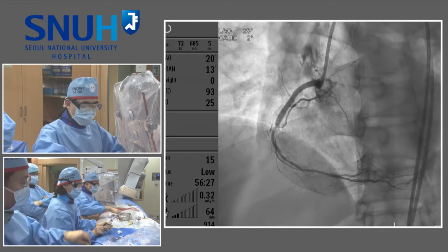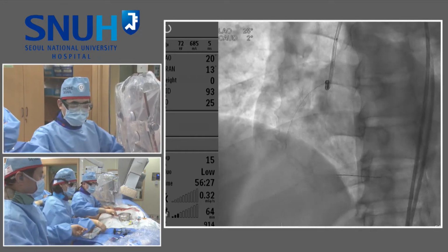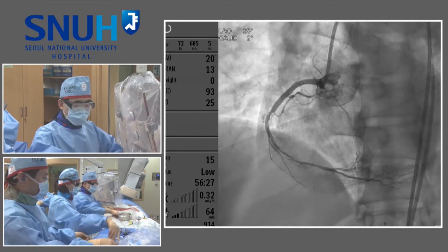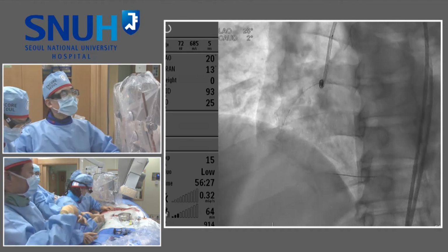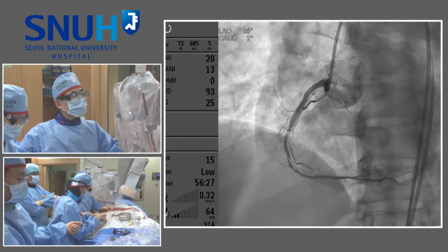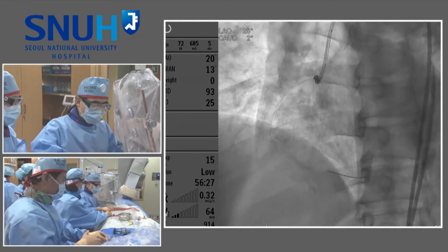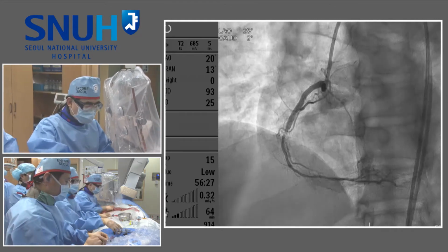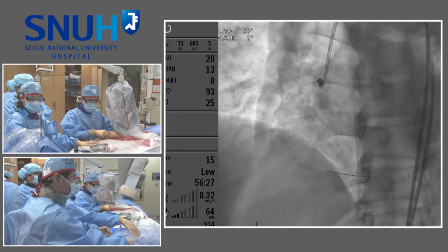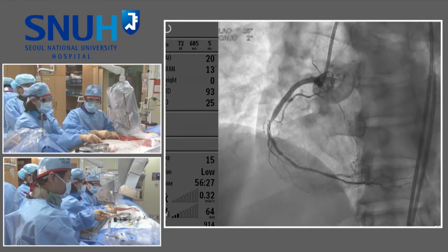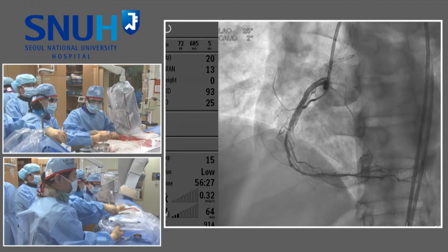Actually evaluate the size of the distal vessel once again. Okay. I prefer shorter, because there may be negative remodeling of the distal vessel. You can wait and see. Okay. So once again, nitroglycerin. 잡았어요. NG 주고요. I will introduce once again intracoronary nitroglycerin. Okay.